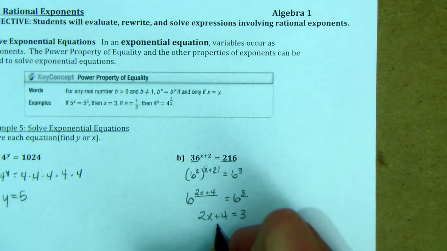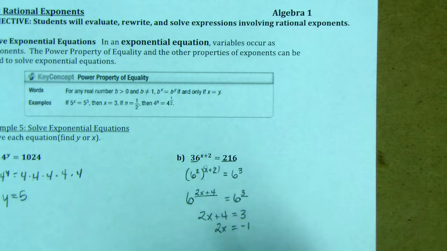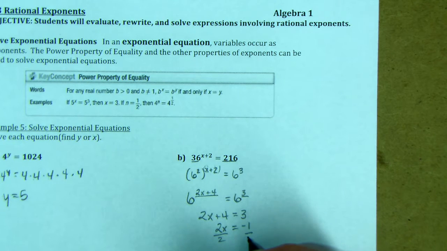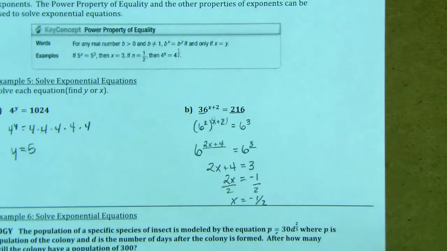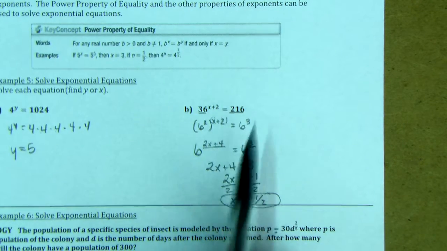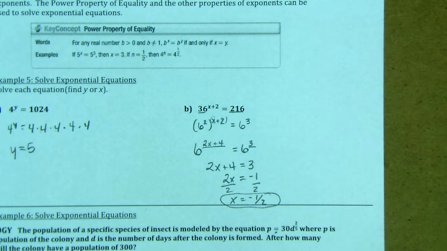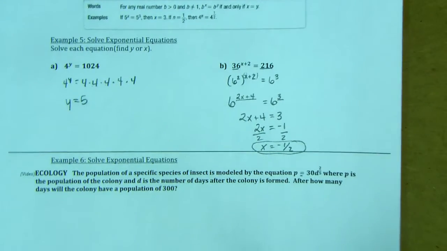Subtract 4, divide by 2, x is negative 1/2. And you guys can't see that, sorry about that. So we're taking all of the rules that we know from our exponents, and we are using them to calculate my missing variable.